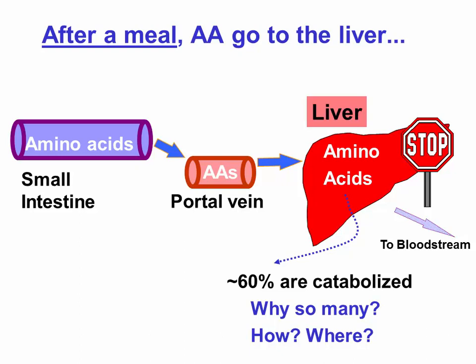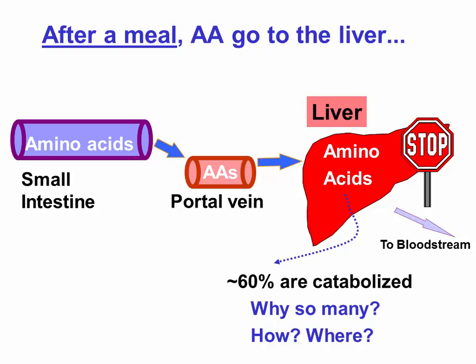The third point is that it regulates availability of amino acids to the rest of the body. So that's kind of why the liver is so important. The liver has so many important functions, but that's a primary one.